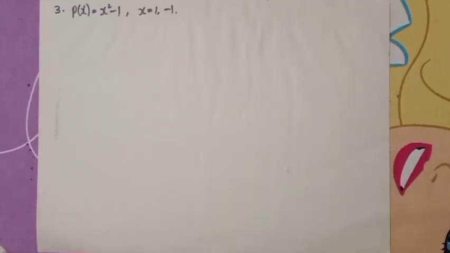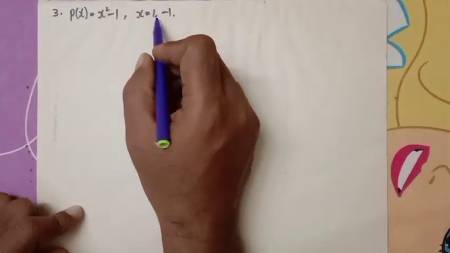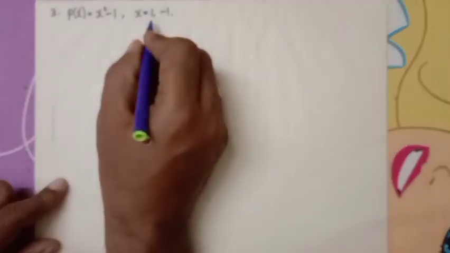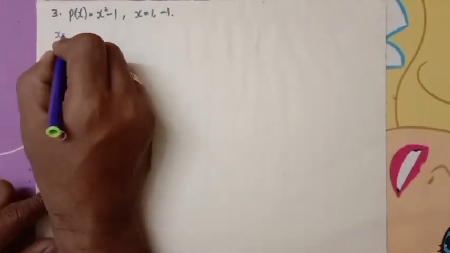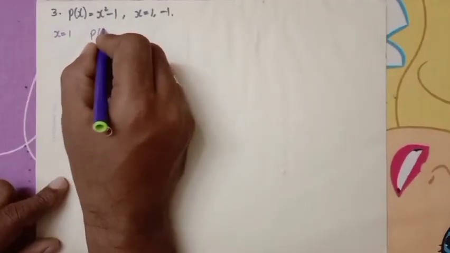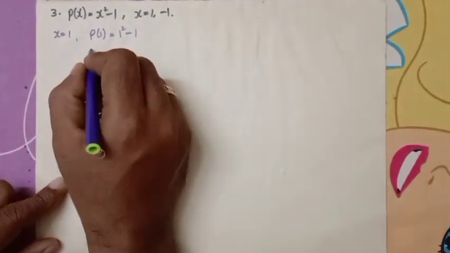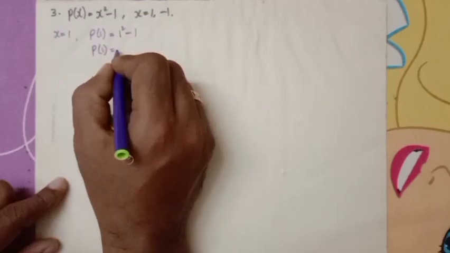Here, the third problem is p of x is equal to x square minus 1, and x is equal to 1 and minus 1. There are two cases here. Firstly, let me consider x is equal to 1. So, p of 1 is equal to 1 square minus 1. 1 square is 1, minus 1.